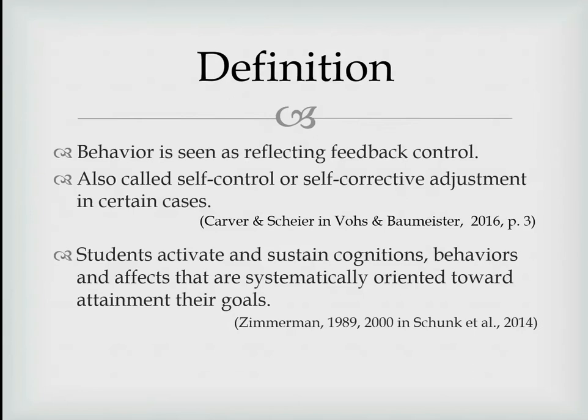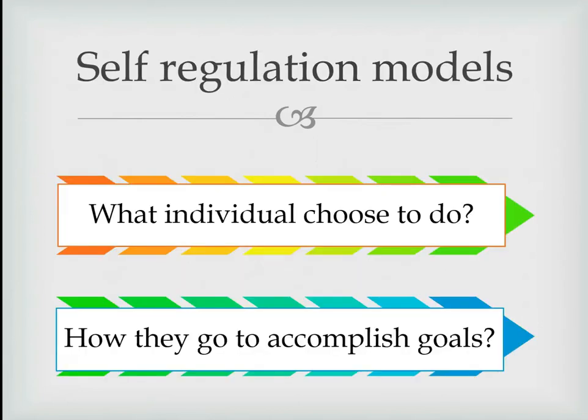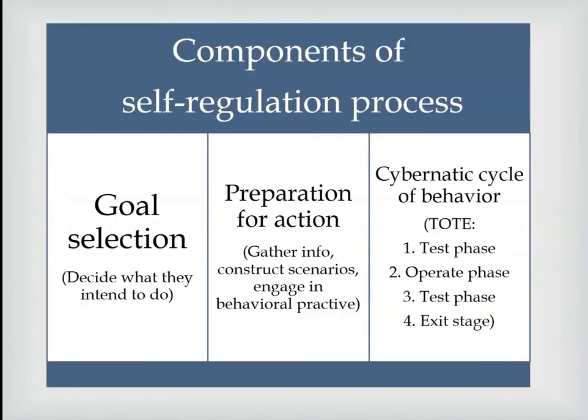This is the definition of self-regulation. What does an individual do in regulation? How do they accomplish the goals? Self-regulation has three processes. First, goal selection: what they do and what the goals are.